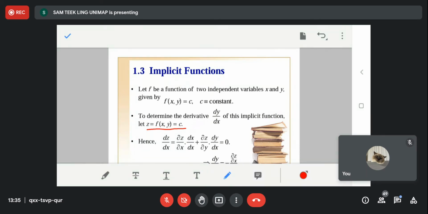Next we differentiate our z with respect to x. So you use the change of variables, chain rule, as you still remember.